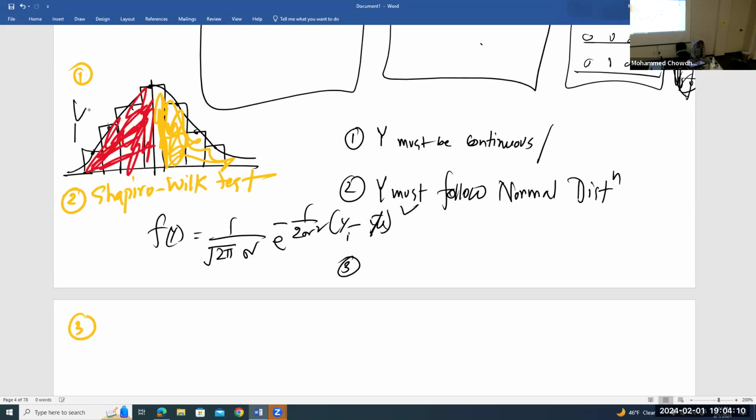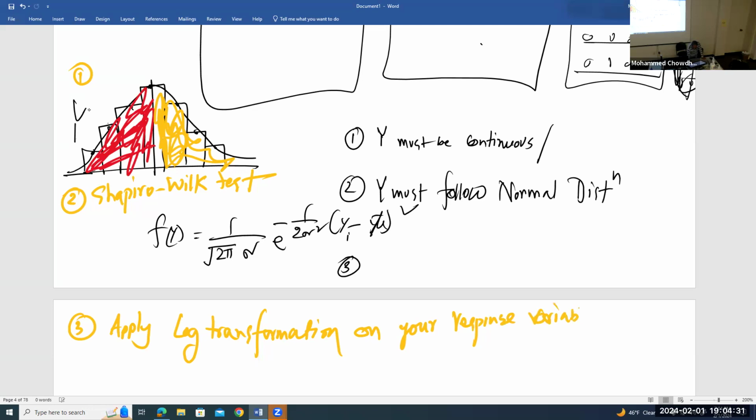Third approach: apply a log transformation on your response variable. Apply the log transformation and then construct the histogram and Shapiro-Wilk test to check whether it is now normal. Understand?